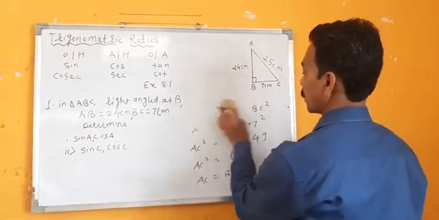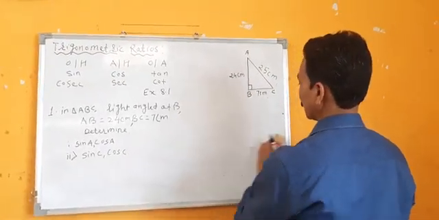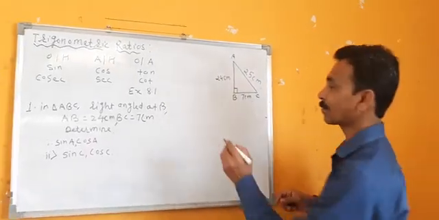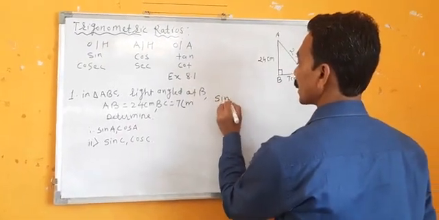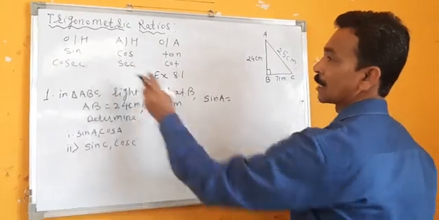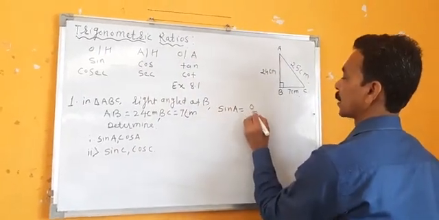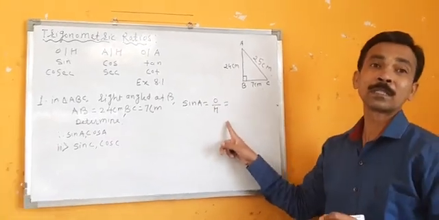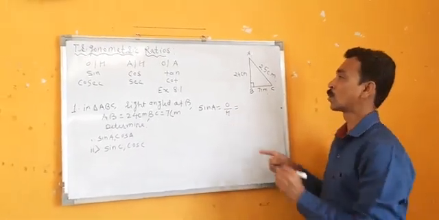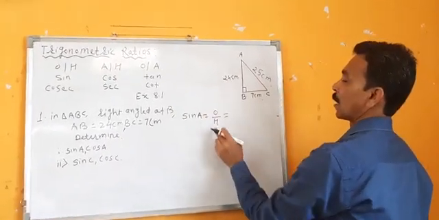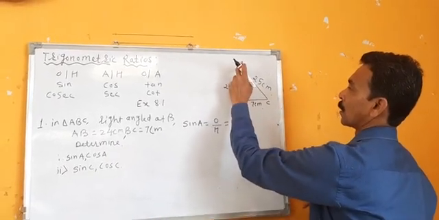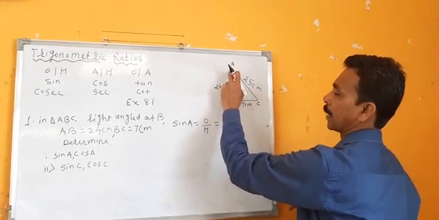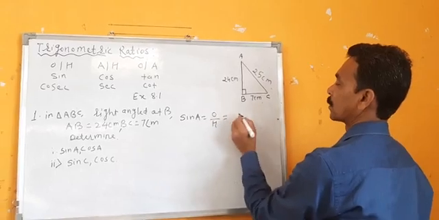Now let's see. Okay? What is sin A? Sin is what? Opposite upon hypotenuse. This is in ratio. So opposite, this is A. What is the opposite?